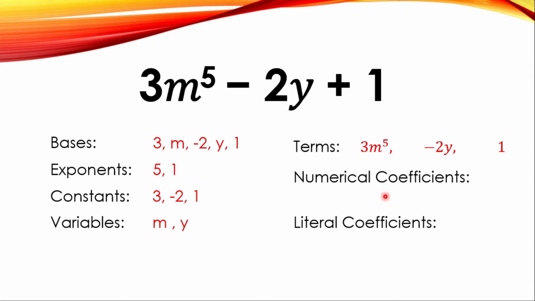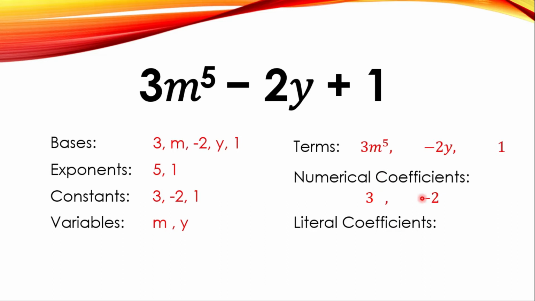Numerical coefficients, these are the numbers in each term. So ito, 3, ito, negative 2. Itong 1, hindi ko na isinulat dito kasi wala siyang variable. Pag walang variable, meaning hindi siya classified to be numerical coefficient or literal coefficient. Yun.